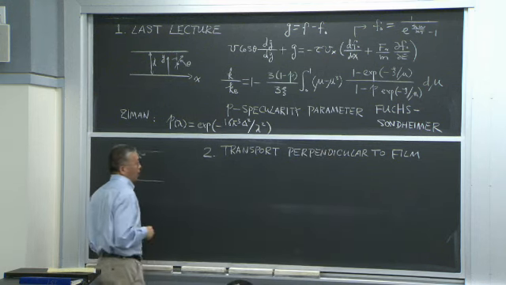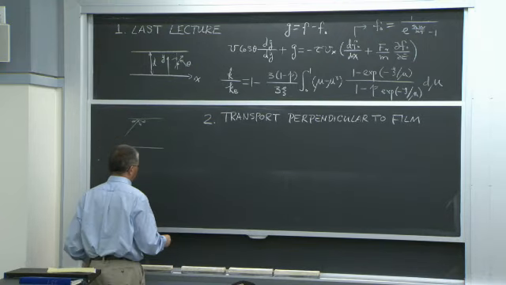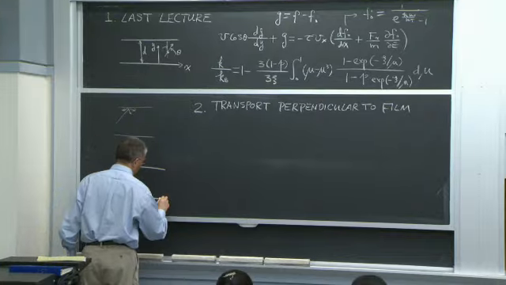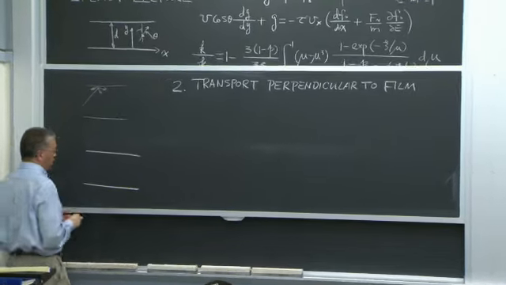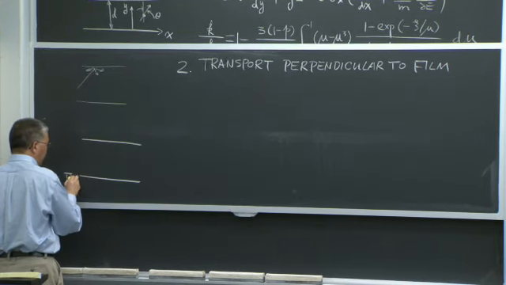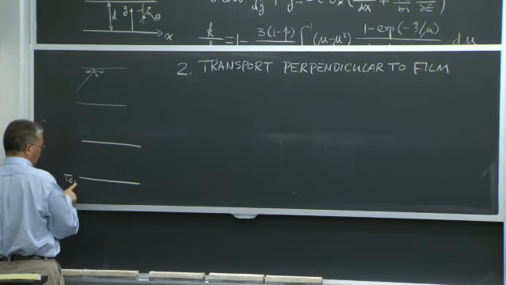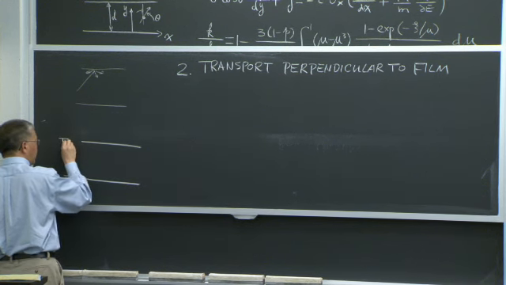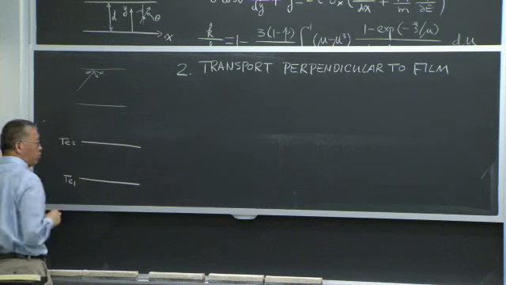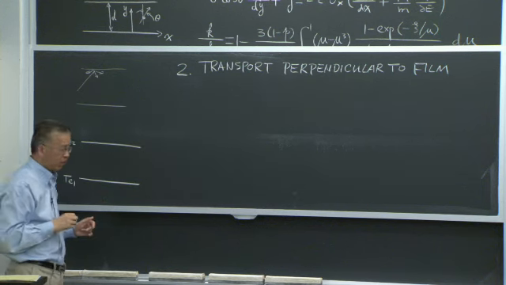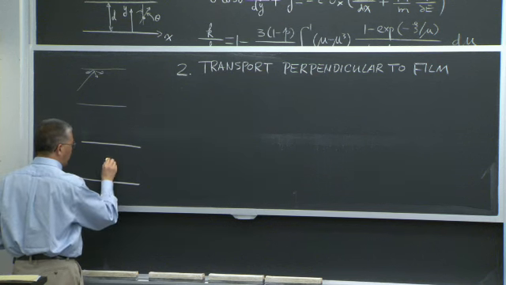and now the problem is, if I have a temperature difference, I have to be a little bit ambivalent at this stage. What does this temperature really mean? So I have a T1, T2, in the thickness direction of a film, and this is my y.